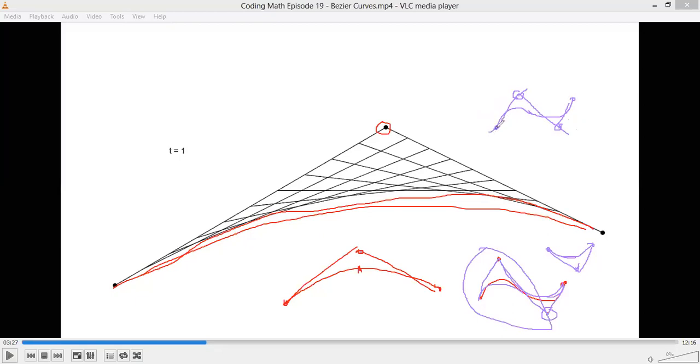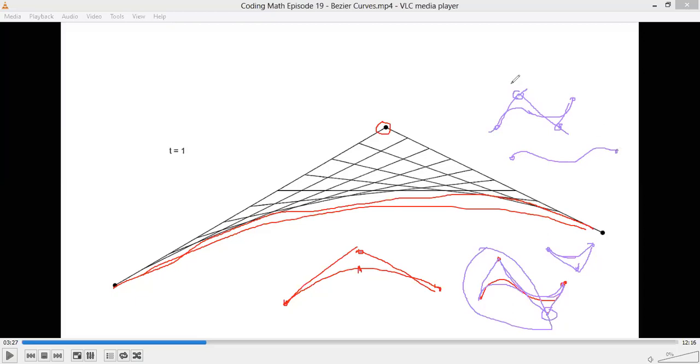Now, in all these cases, how many of our points are there totally on a curve? The first point and the last point will always be on the curve itself, or the curve will start at the first and end at the last point. There is no change in it.